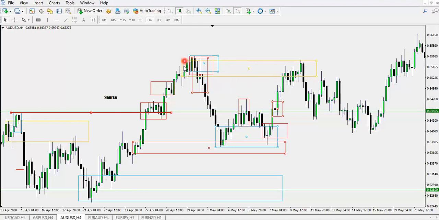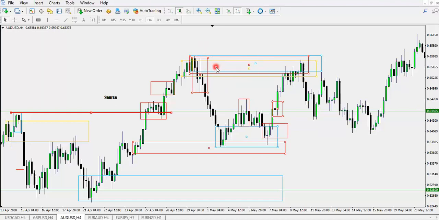So let's just bring our breaker and our source across from this previous peak formation high. And you'll notice that when price came into our source and into our breaker, and this order block is also valid because price only tested it once, didn't close outside of it, so that's still a valid order block.